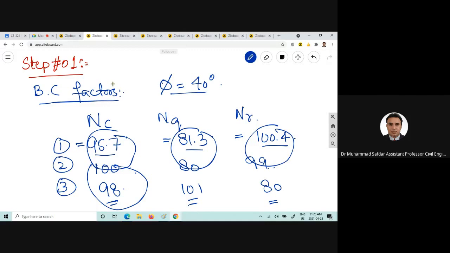So the values which I have: because C is equal to 0, we don't need to worry about the NC value, because the first term will become equal to 0. The NQ value is 81.3 and the N gamma value is 100.4.